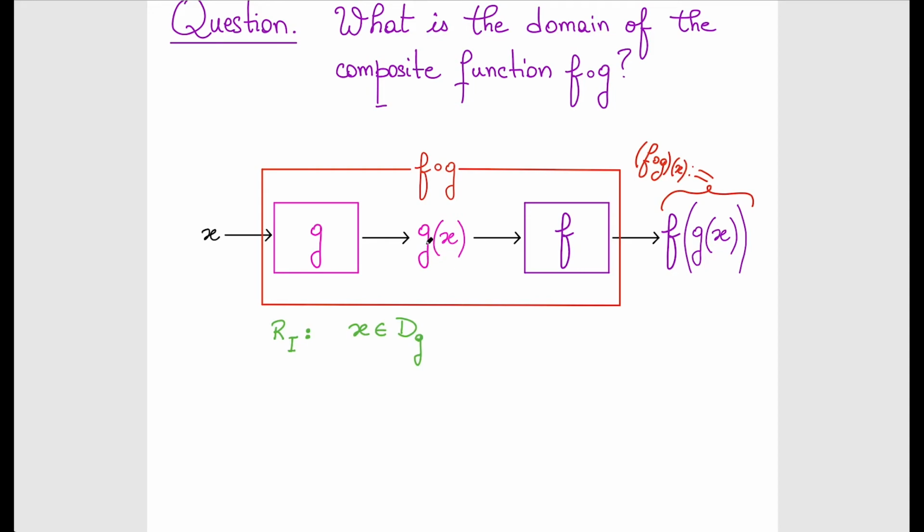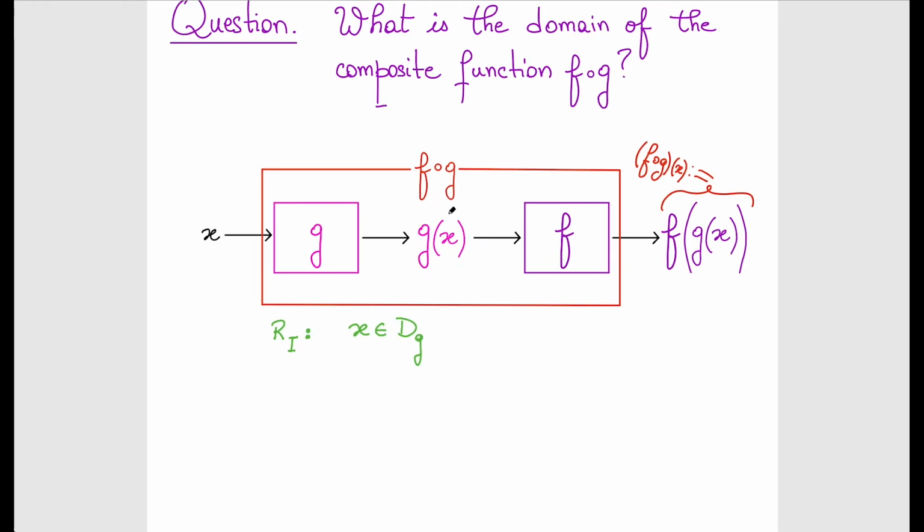Now I'm gonna send it inside f. So for the process to keep moving smoothly, I need this guy now to be accepted by f. Like I used to play before, the same game. I need now this guy, which is now the input in f, to be accepted by f, correct?